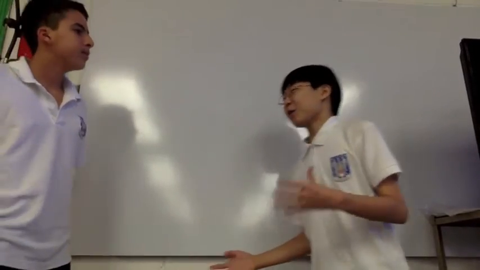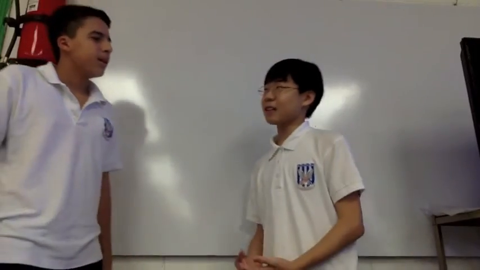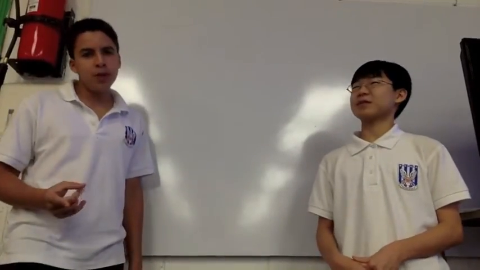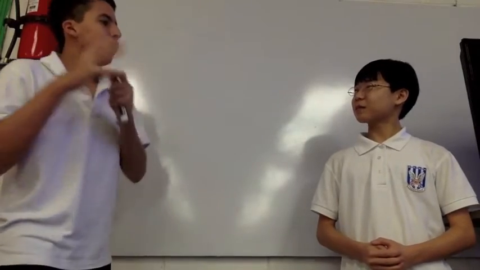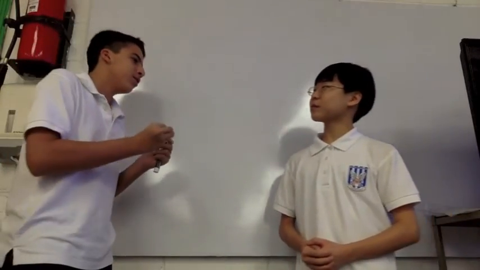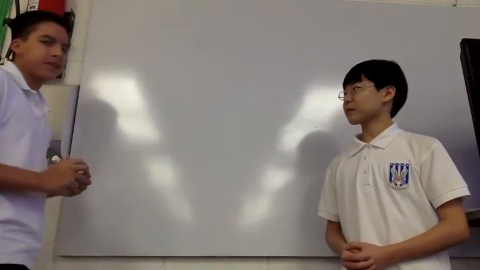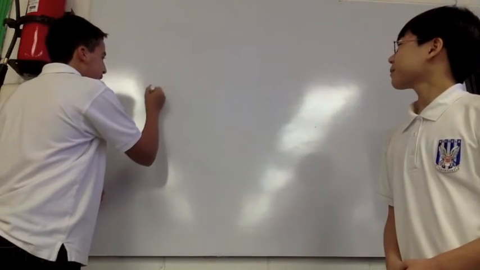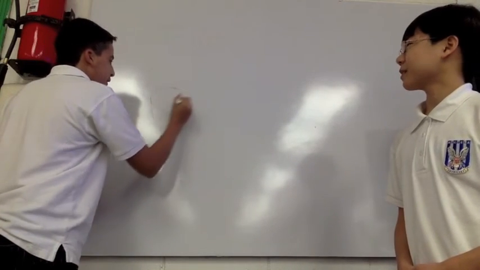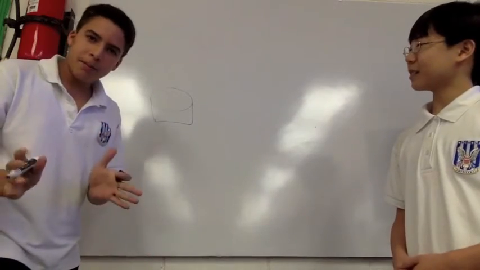Okay, Frank, what does the principle of conservation of mass state? Well, the principle of conservation of mass states that the mass of the reactants must equal the mass of the products. So, to explain this, I'm going to make a drawing. Let's say you have a cake for a party of 10 people.